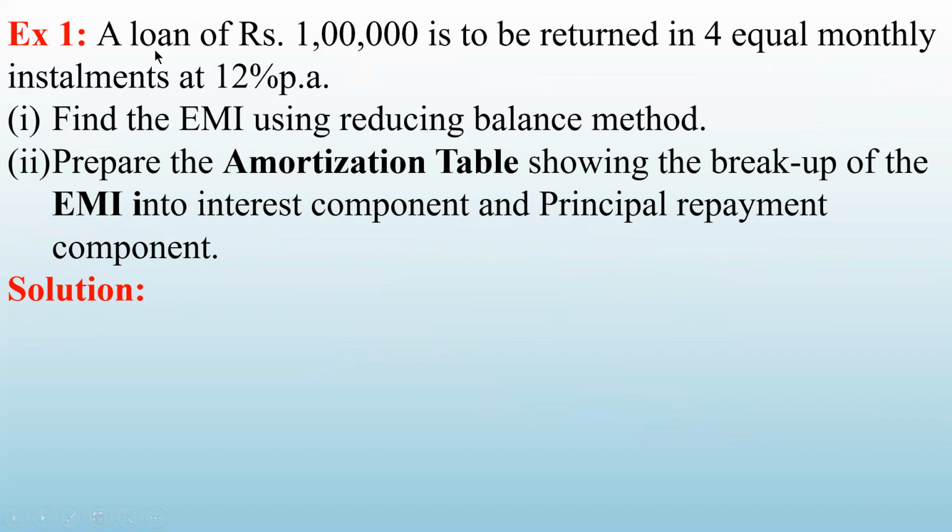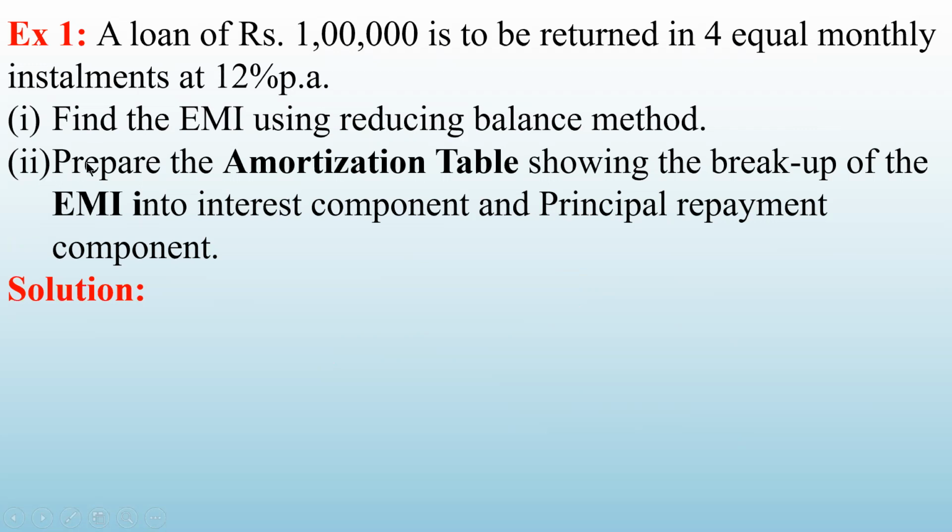Look at this question. A loan of rupees 1 lakh is to be returned in 4 equal monthly installments, that means 4 EMIs, at 12% per annum. The interest charge is 12% per annum. In the first question, you have to find the EMI using the reducing balance method.